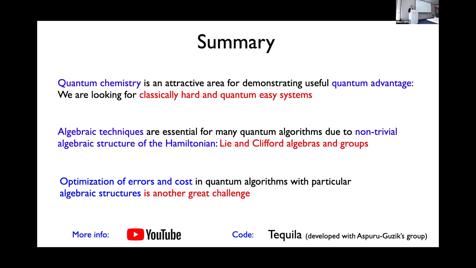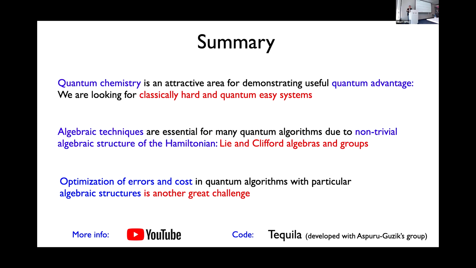To summarize, quantum chemistry is a very attractive field for demonstrating quantum advantage, mainly because our ways to encode the chemical problem are relatively compact, right? And so we're currently looking for classically hard and quantum easy systems within the systems which are high in utility.